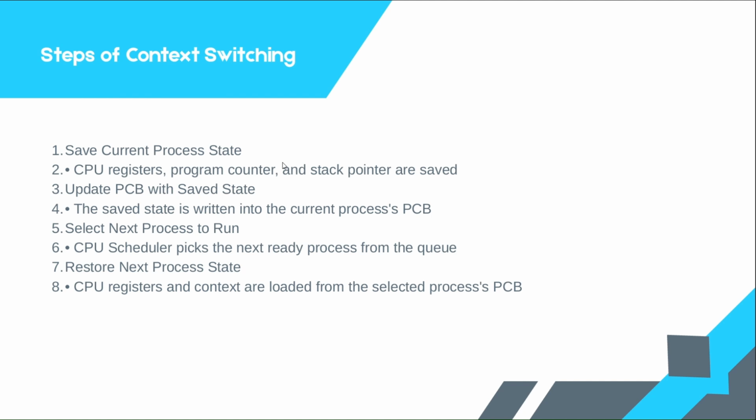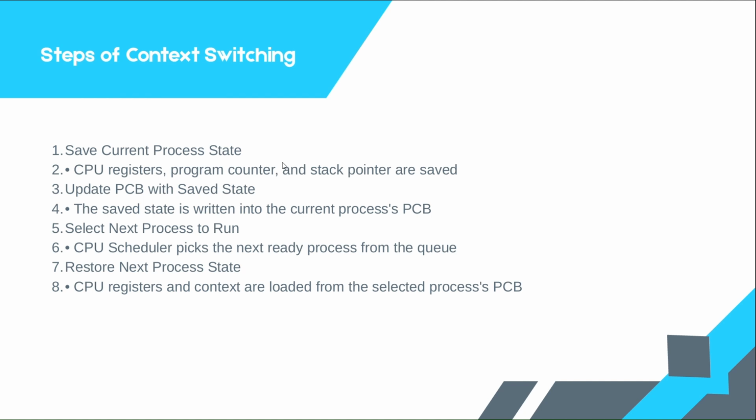Step 2. Save the current context. Before stopping process A, the operating system cannot simply remove it from the CPU. If it did, all the information about the process would be lost. Therefore, the operating system saves the complete context of process A into the process control block. The information saved includes program counter, CPU registers, stack pointer, process state, and scheduling information.